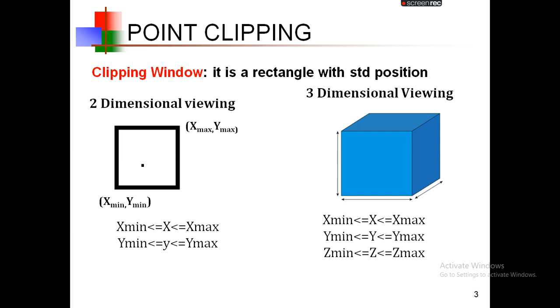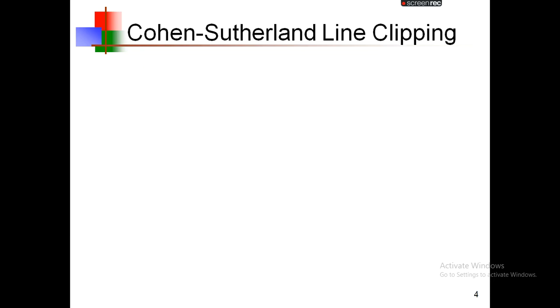So let's move to the next topic, that is how we can perform clipping on a given line segment. Here we are discussing only how to perform clipping on a straight line. In computer graphics, there are various types of line clipping algorithms, but here we are discussing the Cohen-Sutherland line clipping algorithm.